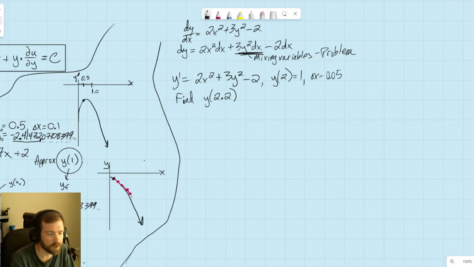So, unfortunately, what we have to do is say, all right, for now, we've got to take this numerical integration. We've got to figure out what y at 2.2 is going to be.